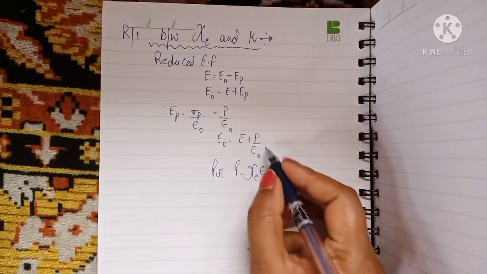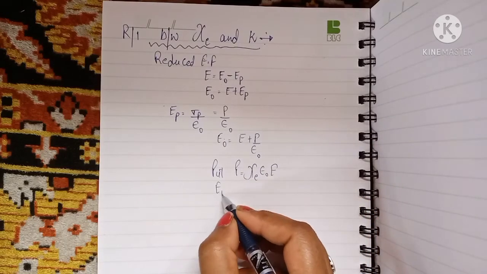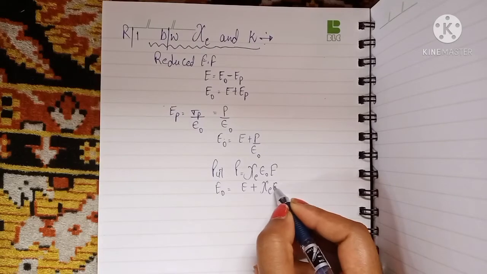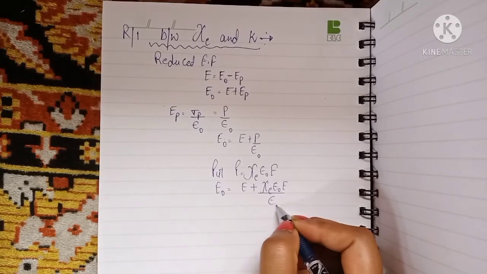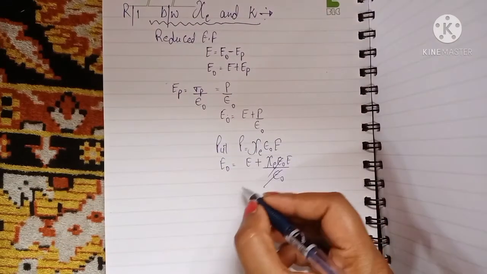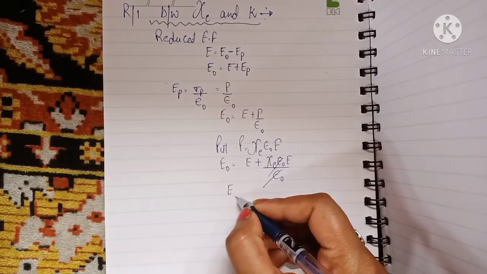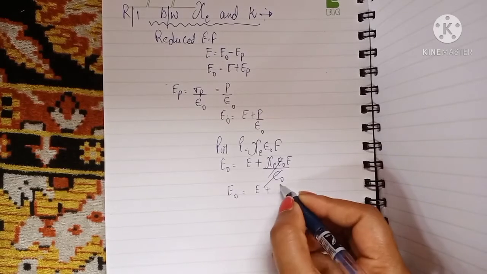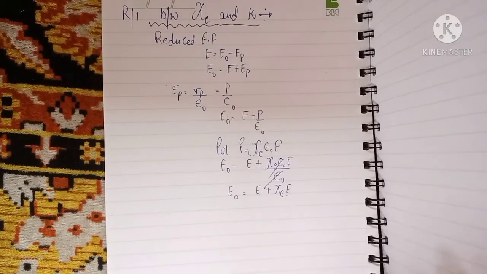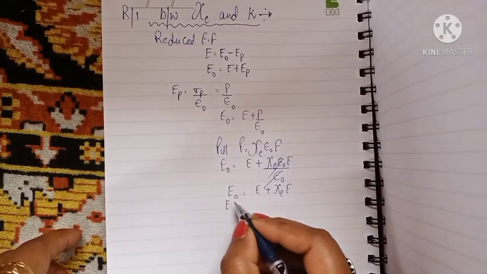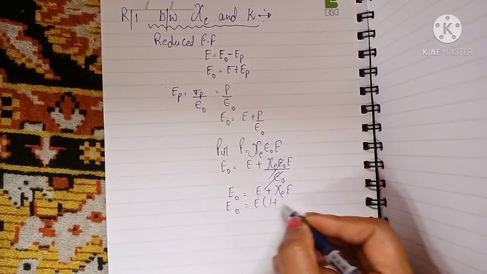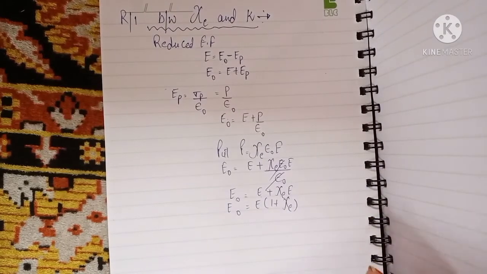If this value is put here, we have E naught equals E plus chi E epsilon naught over epsilon naught, and epsilon naught gets cancelled. So E naught equals E plus chi E. You can see E is common, so you can take it out. That is why E naught is equal to E times 1 plus chi E.